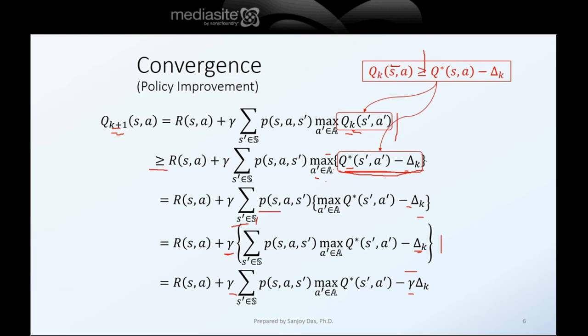And so what we have is QK plus 1 S A is greater than or equal to this expression here, reward plus gamma times P S A S prime times max Q star S prime A prime minus gamma delta K. And this whole expression here is Q star S A from Bellman's equation.